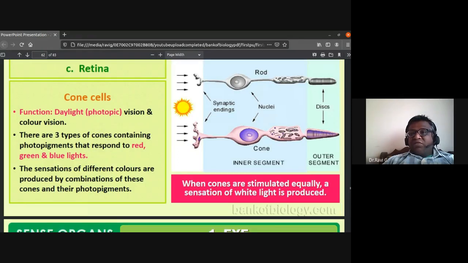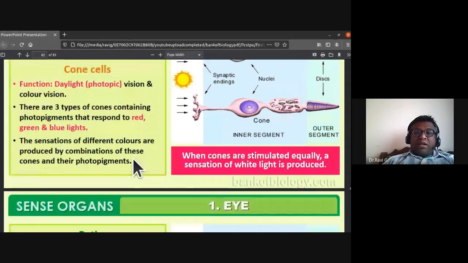There are three types of cones containing photopigments that respond to different colors: red, green, and blue light, RGB.